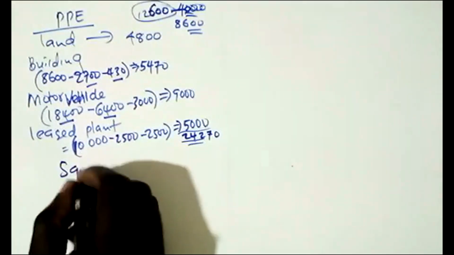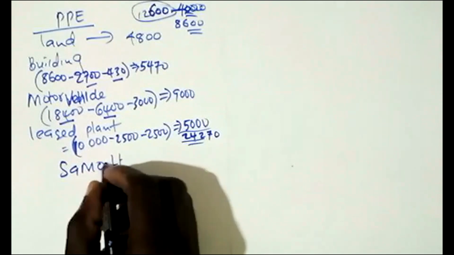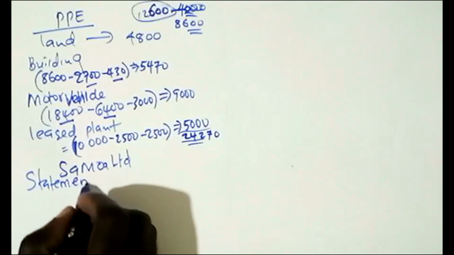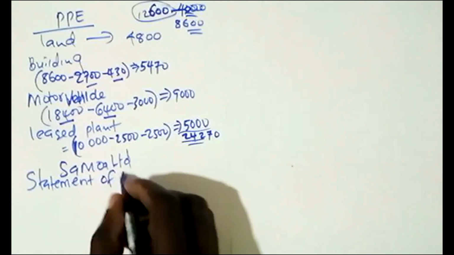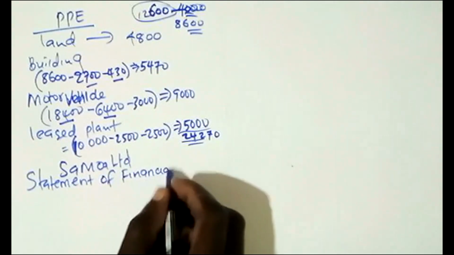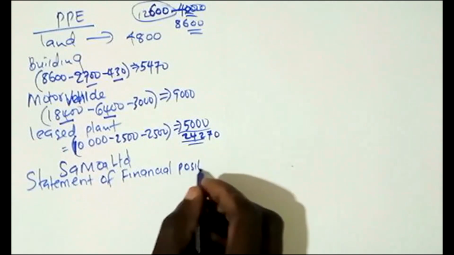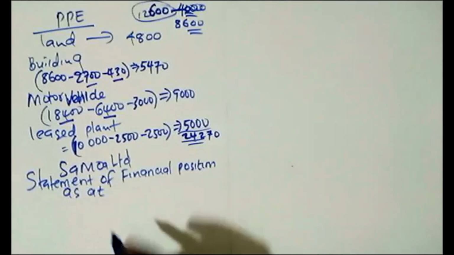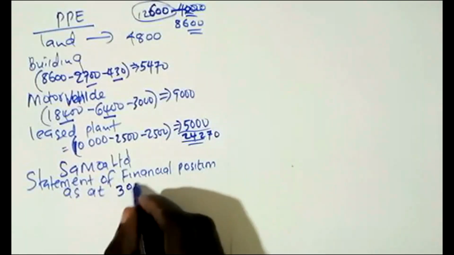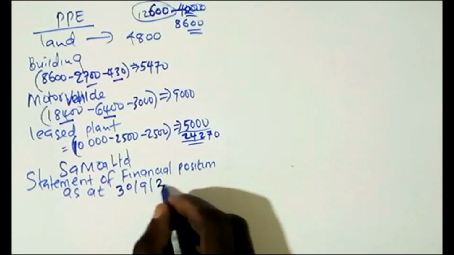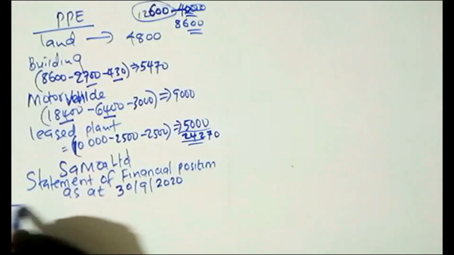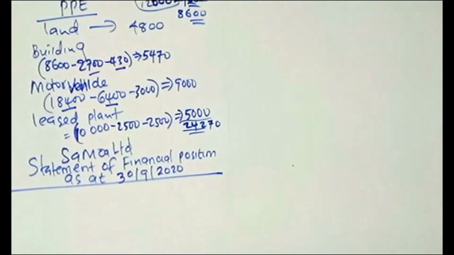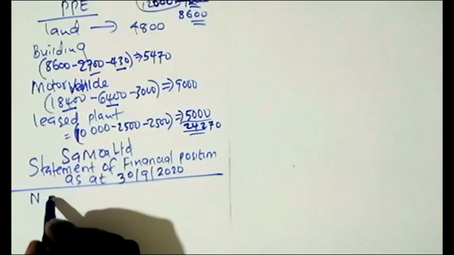So next we talk about the statement of financial position as at 30th September 2020. So what I will do, I will start with non-current assets.